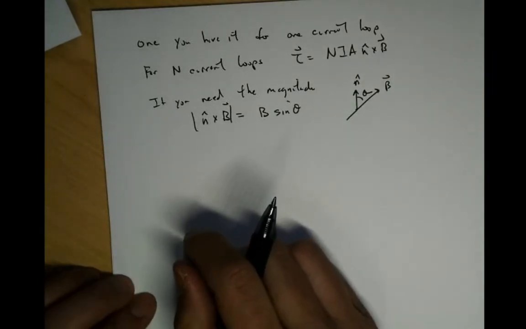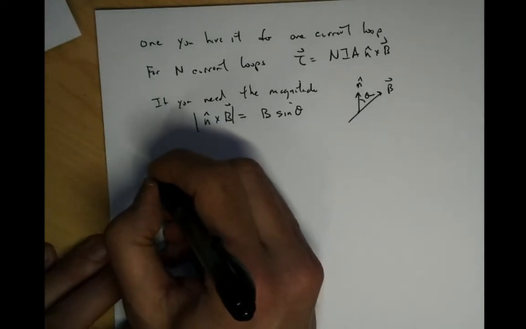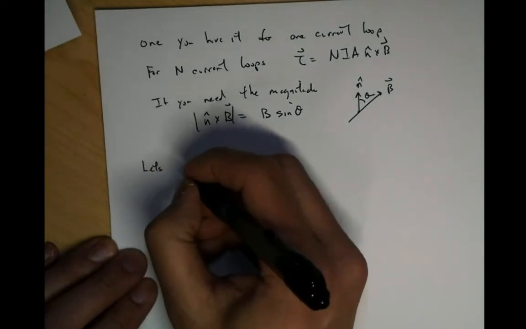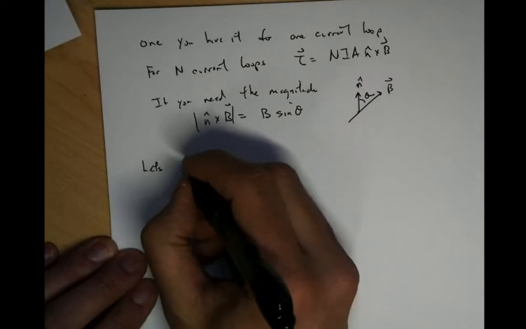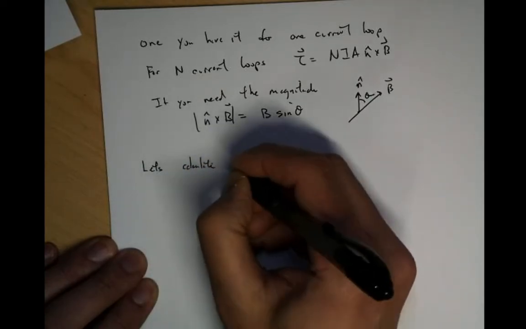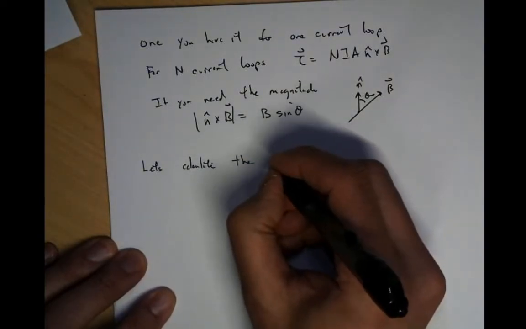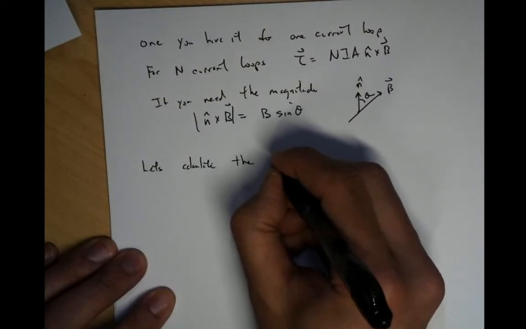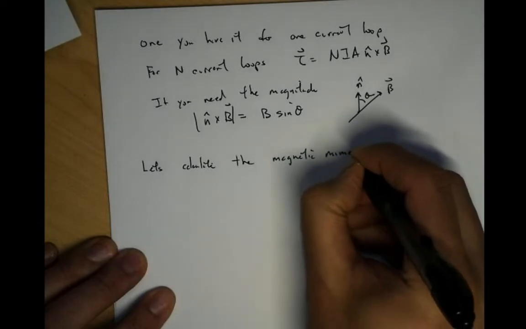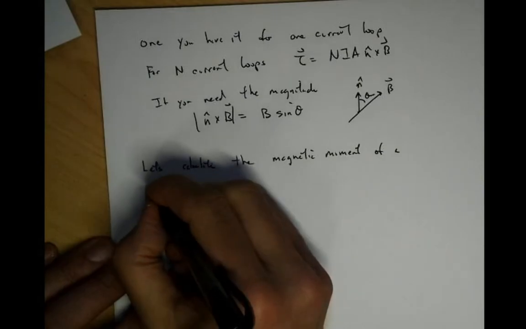All right. So let's use this technology. Let's calculate the magnetic moment of a circular loop now.